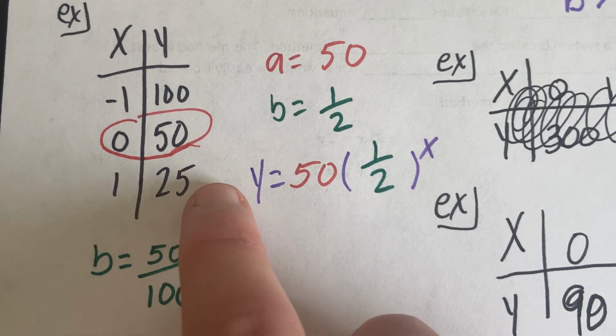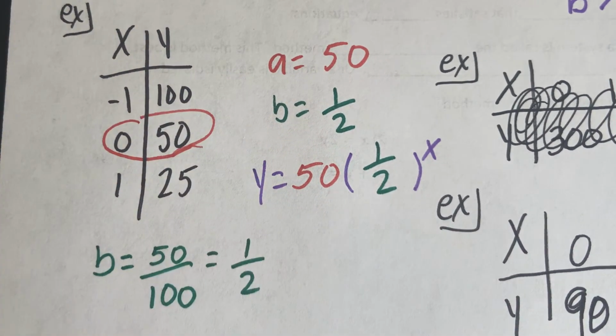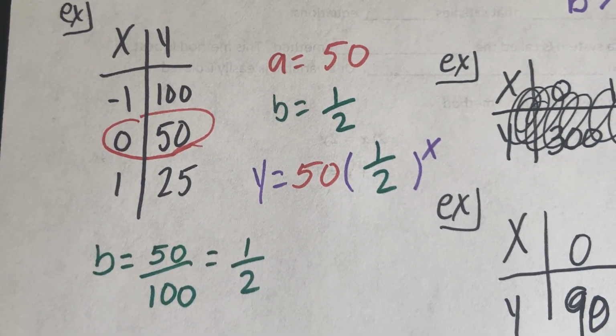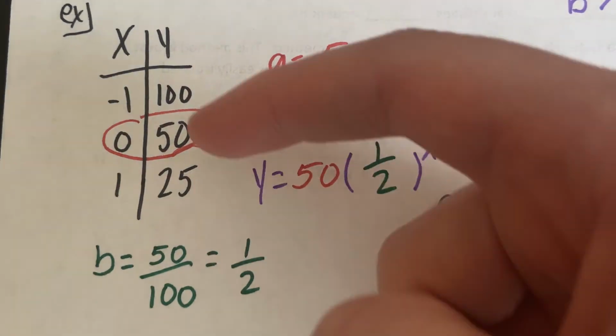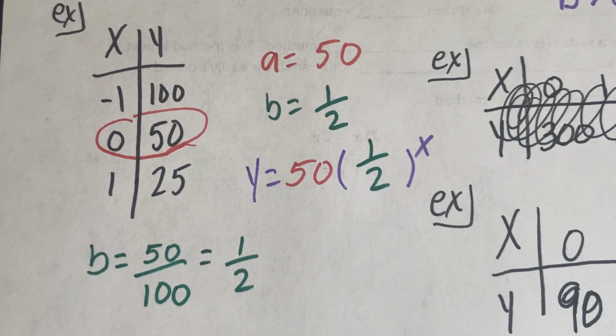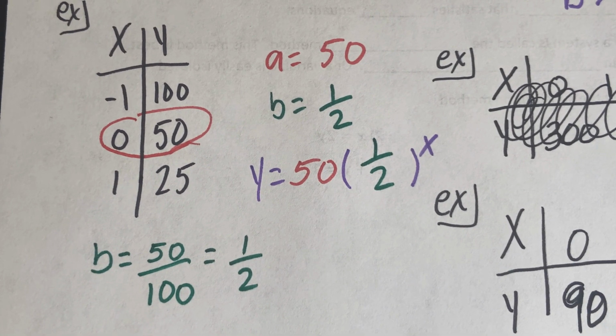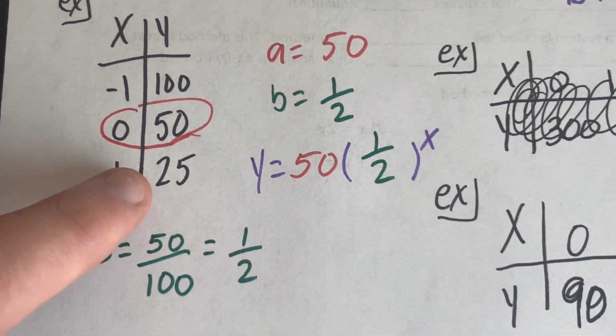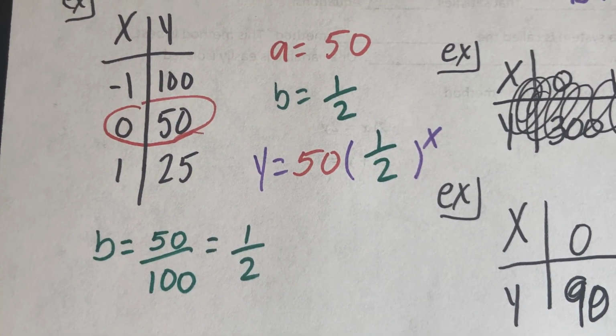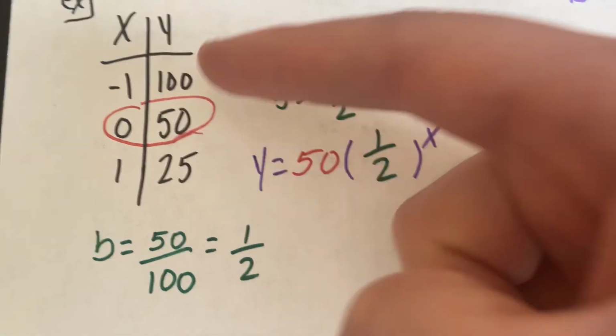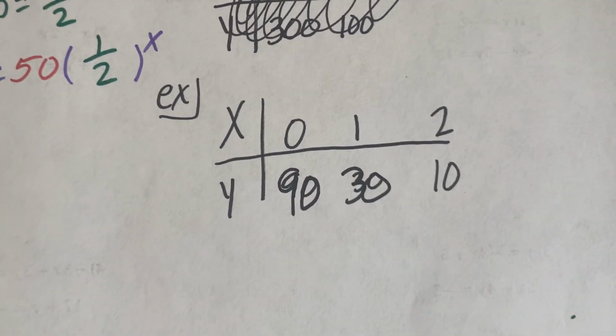This will not work if you do 25 over 100. You can't just pick any two numbers; it's got to be consecutive numbers. That takes on a whole new spin and something we're not going to talk about this year, if we have jumps in between and have to divide by bigger numbers. So make sure you are picking consecutive numbers.